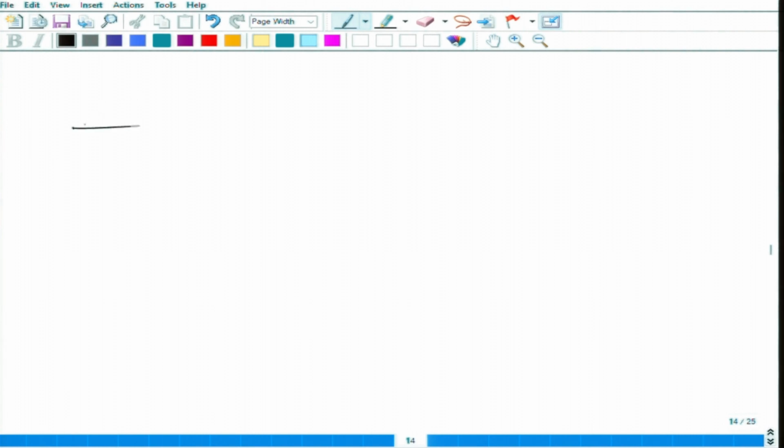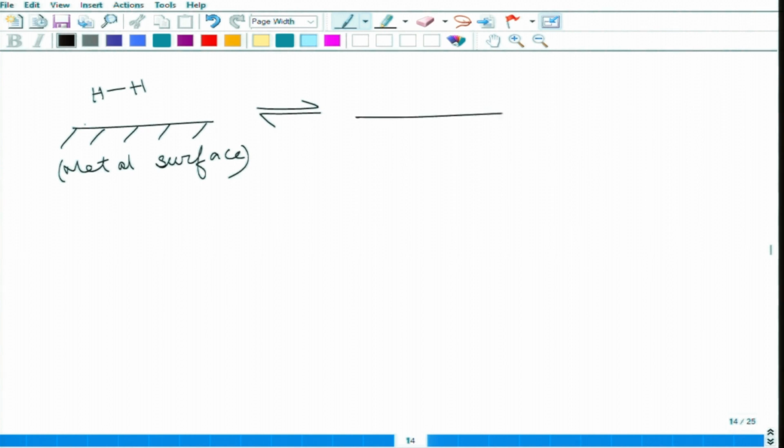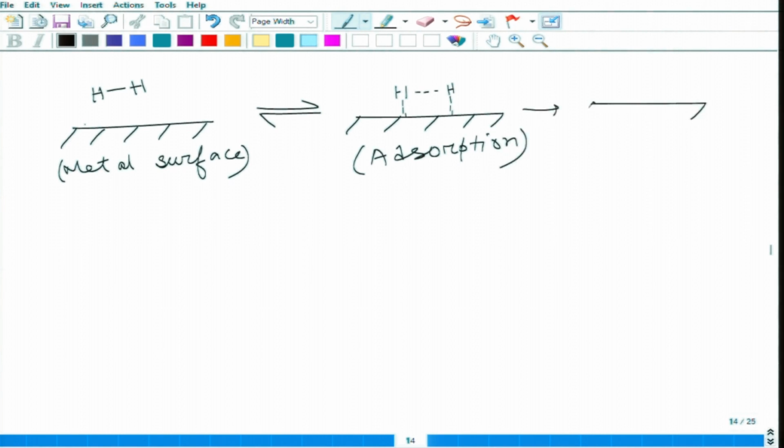So, let us say this is the metal surface. There is hydrogen. On metal surface, hydrogen gets adsorbed, and it becomes like this.